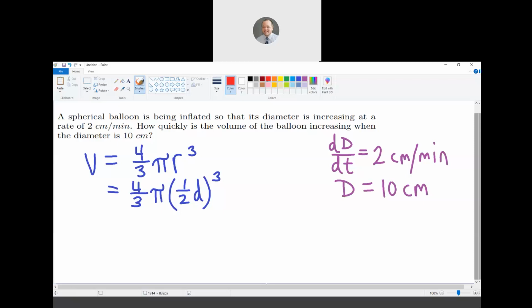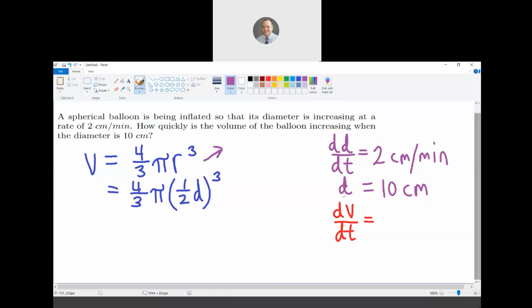How quickly is the volume of the balloon increasing when the diameter is 10 centimeters? Our unknown rate, the volume increasing with respect to time, is the ratio dV over dt. And let me use a lowercase d so that way we know it's the diameter. Now, before we take the derivative, let's take that 1/2 d and raise it to the third power.